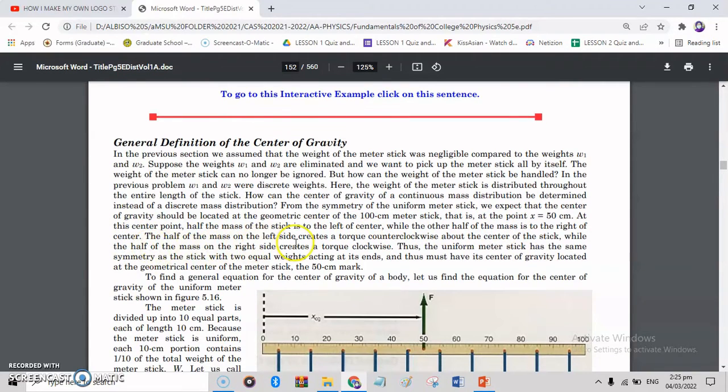The half of the mass on the left side creates a counterclockwise torque about the center of the stick, while the other is a clockwise torque. Thus, the uniform meter stick has the same symmetry as the stick with two equal weights acting on its ends, and thus has its center of gravity located at the geometrical center of the meter stick, the 50 centimeter mark.